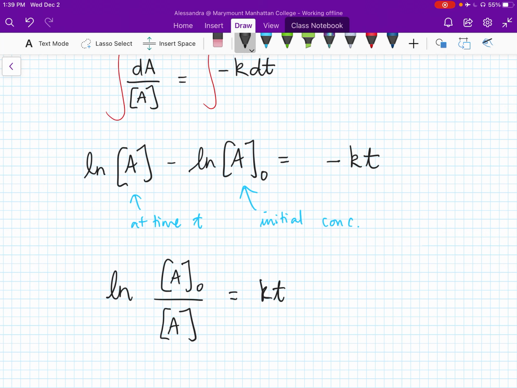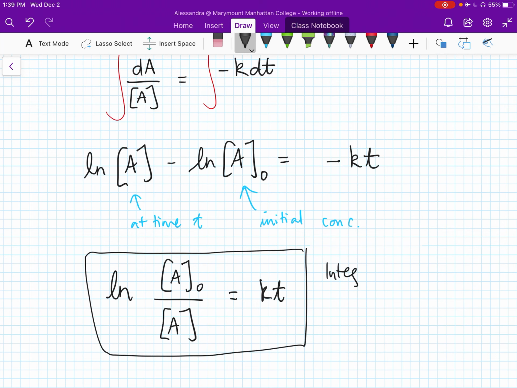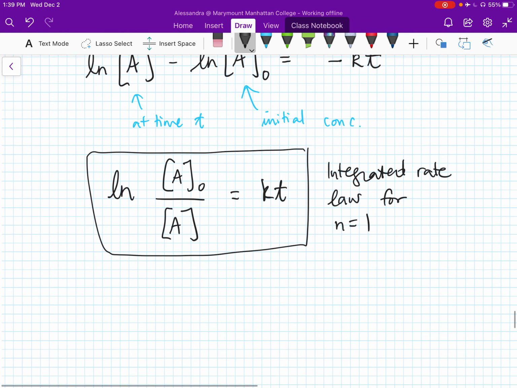So this is a useful form of the integrated rate law for first order kinetics. So you can use this to show how concentration depends on time when n equals 1, when you have first order kinetics.